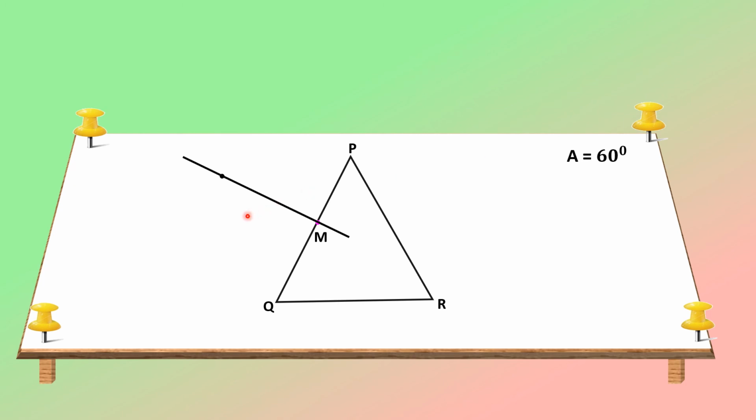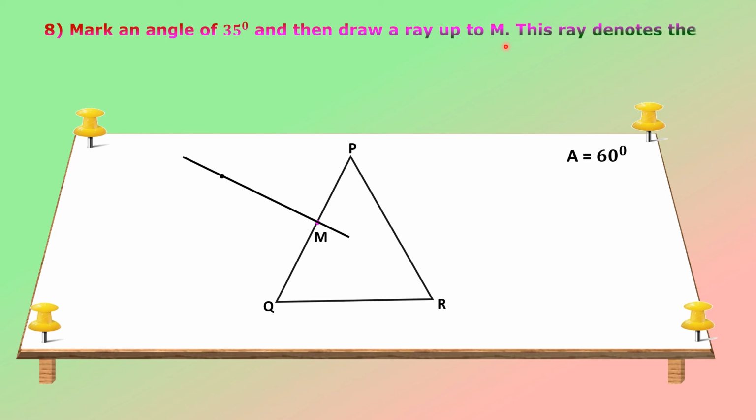Now I will mark an angle of 35 degrees to the normal. This is the normal I have drawn. So I am going to mark an angle of 35 degrees to the normal, and I will draw a ray up to M, and that ray gives the incident ray. See here. Mark an angle of 35 degrees to the normal, and then draw a ray up to M. This ray denotes the incident ray, and this angle is called the angle of incidence.